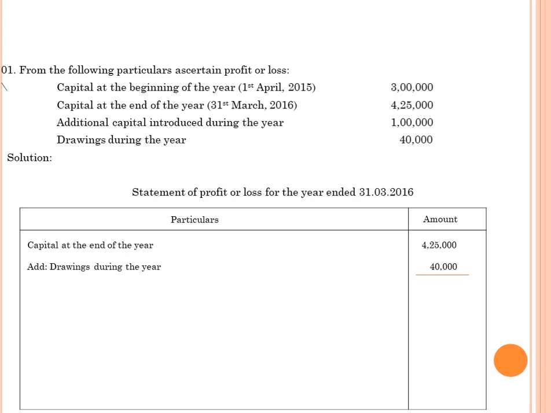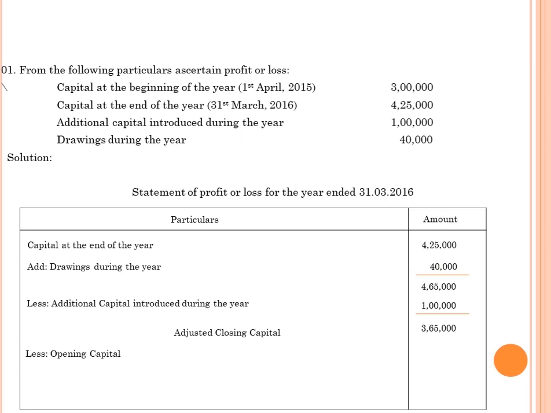How much? 4,65,000, and followed by additional capital introduced during the year, 1 lakh rupees is given, and deduct it out of 4,65,000. The balance we call adjusted closing capital, 3,65,000, and finally we deduct opening capital out of 3,65,000.